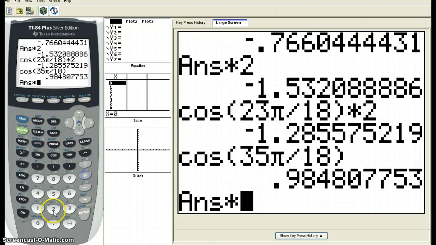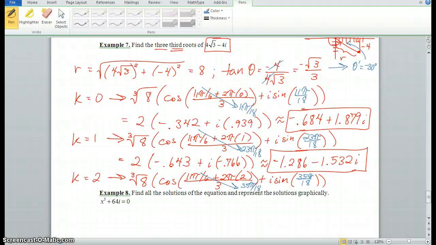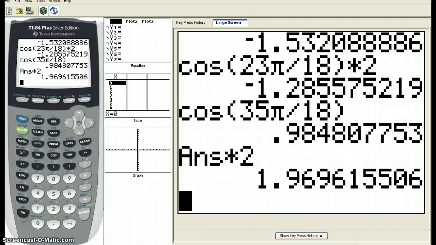I'm going to multiply it by 2 now. Okay, so I get 1.969, or 1.970, we'll say. Plus, or maybe it's minus, let's get ourselves ready for the possibility of this being a negative.